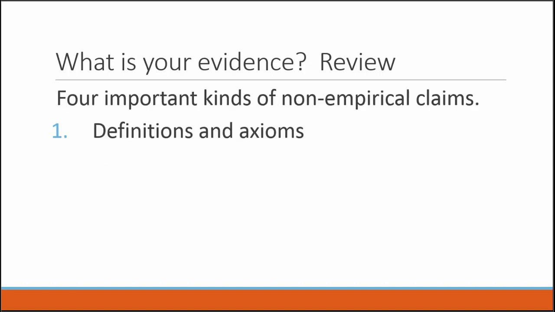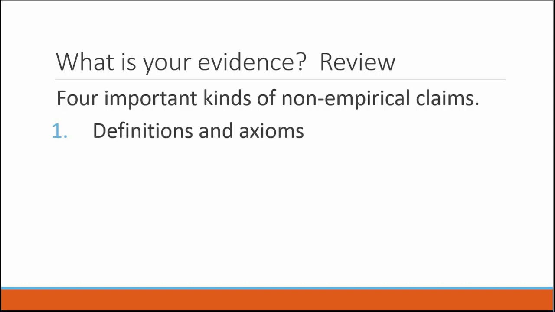So, to think about how to evaluate non-empirical claims, let's keep in mind that there are different kinds of non-empirical claims, four important kinds of non-empirical claims we talked about: definitions and axioms. Definitions and axioms make good basic premises, though we should keep in mind Socrates' lesson to Euthyphro that we also want to make sure the definitions make sense before we use them as basic premises.